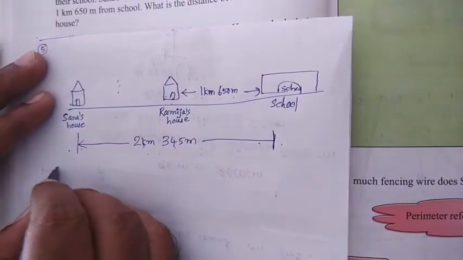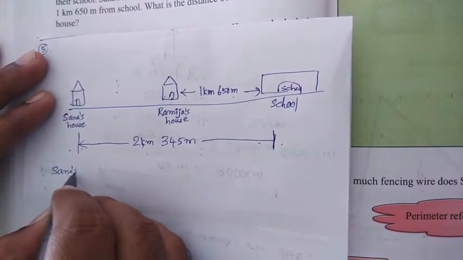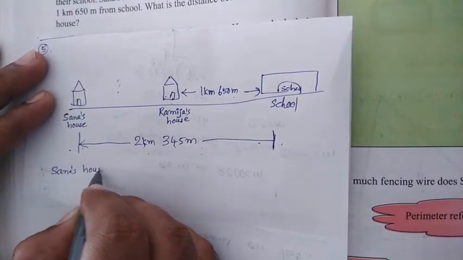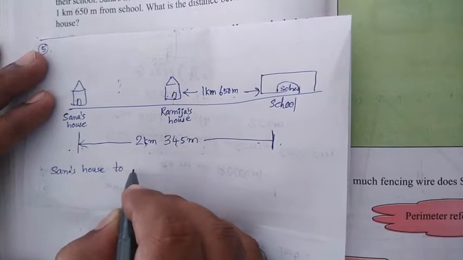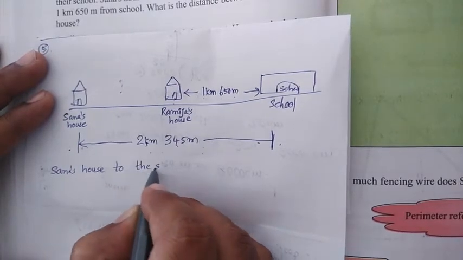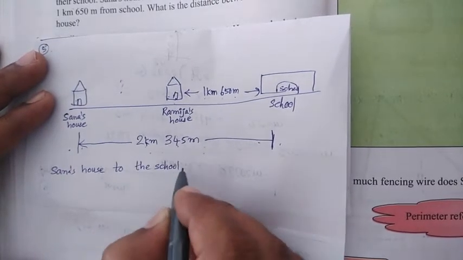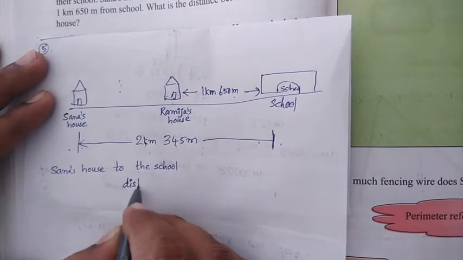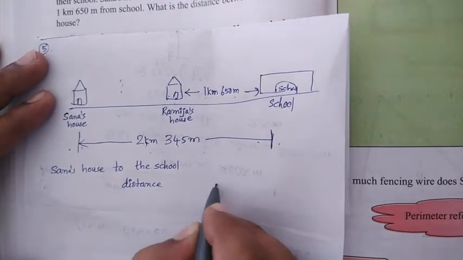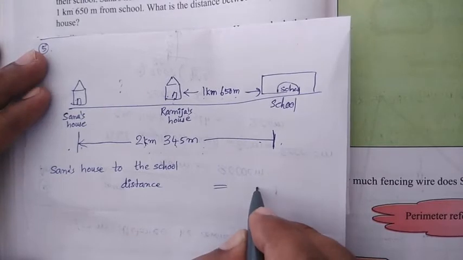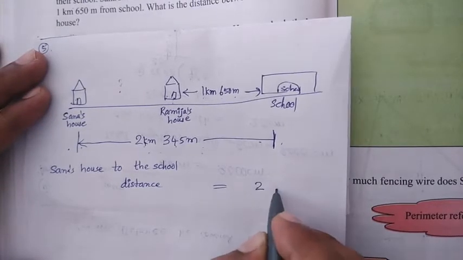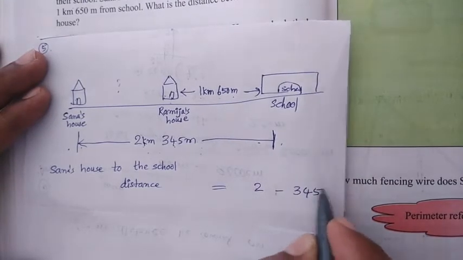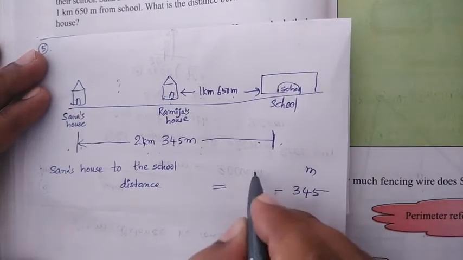So, first, Sana's house to the school distance. What is the distance? 2 kilometers 345 meters.